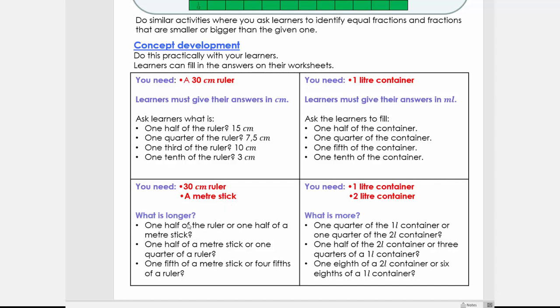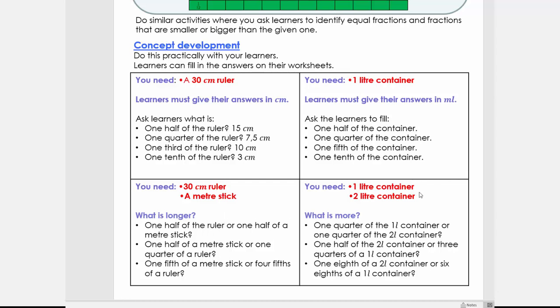And then you're going to ask these 3 questions that the child or the learner must do. Remember, it might be that you need to make markings on the meter stick. For instance, where is 50 centimeters, where's 25 centimeters, and so on. But use your ruler to help you to make these markings. I want you to pause and then do this activity.